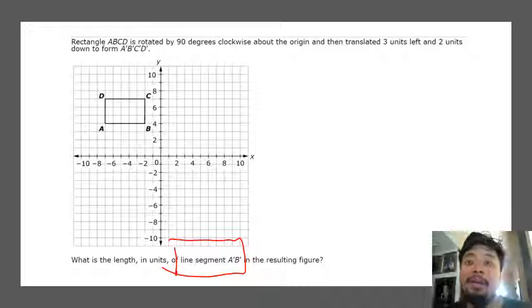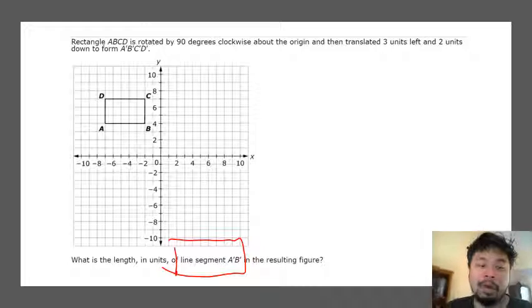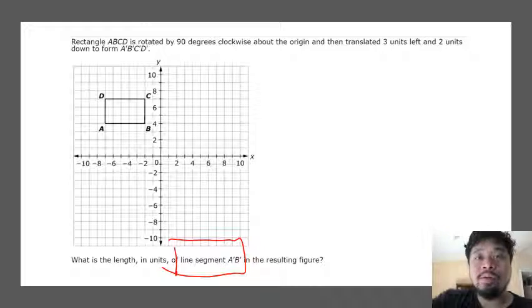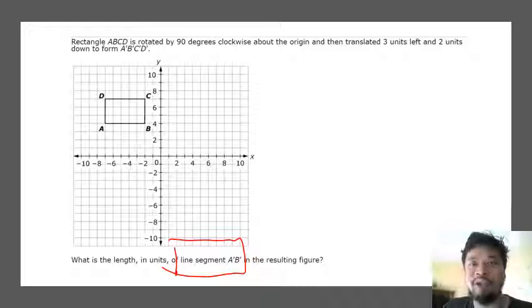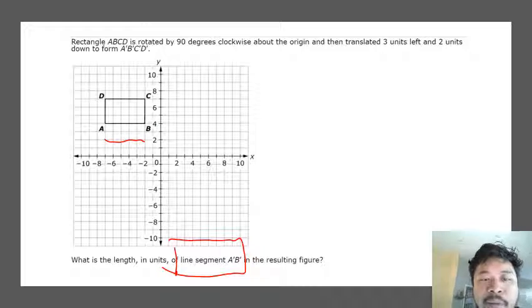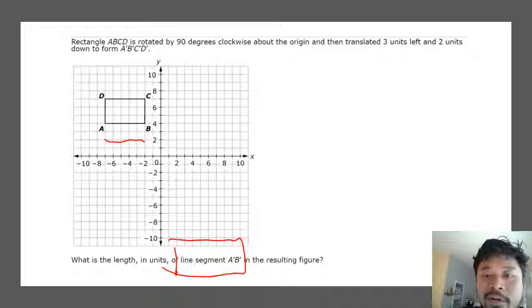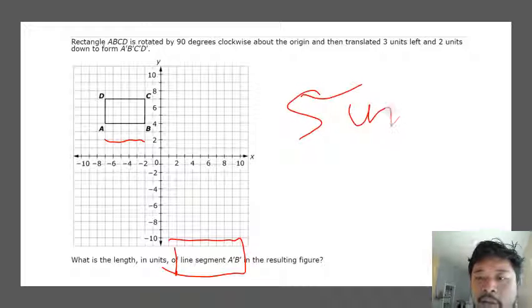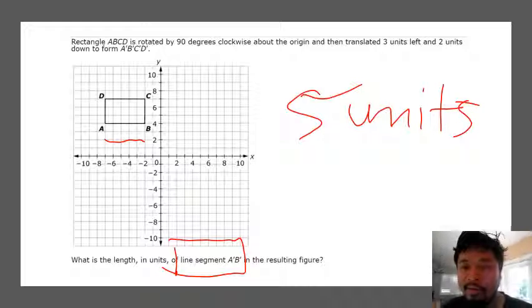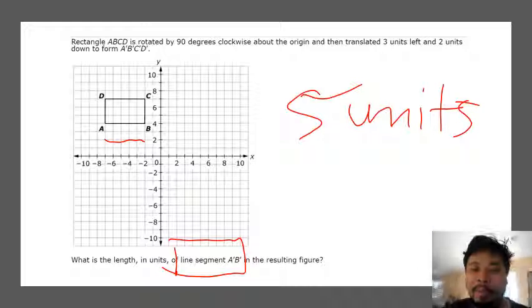So one thing that you should remember about what we covered for this unit is that whether we reflect or rotate or just slide an object around, we're not changing its size or shape. So if I look at my original rectangle, the original AB is nothing more, nothing less than just 5 units. And sorry for my handwriting, I do not have my stylus. I left it at school, so bear with me.